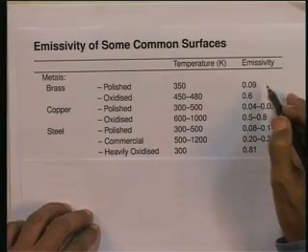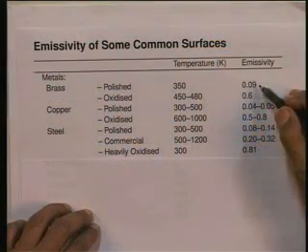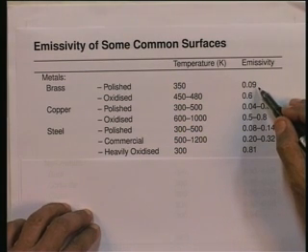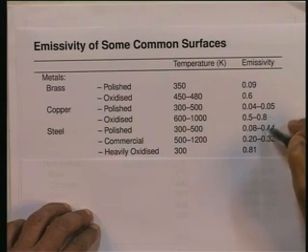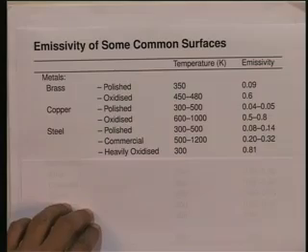So, notice that when you have a polished metallic surface, the value of emissivity is quite low. It has to be between 0 and 1, and it is usually less than 0.1; 0.09, 0.04, 0.08 are typical values. The moment the surface is oxidized, the value goes above 0.5.